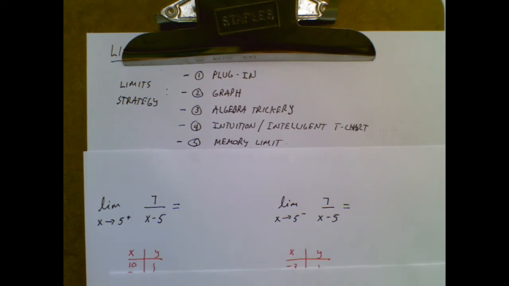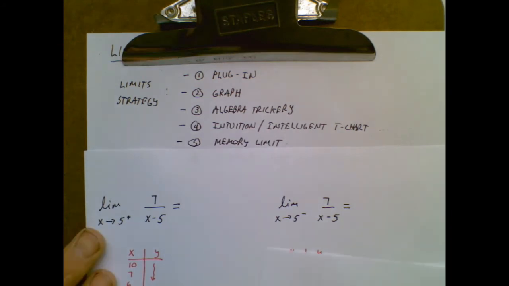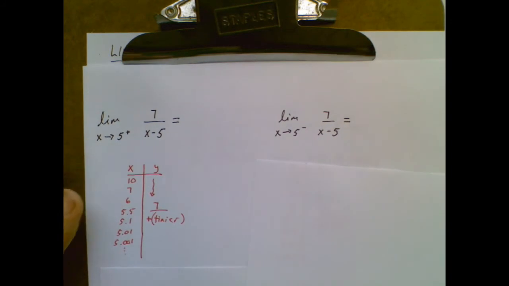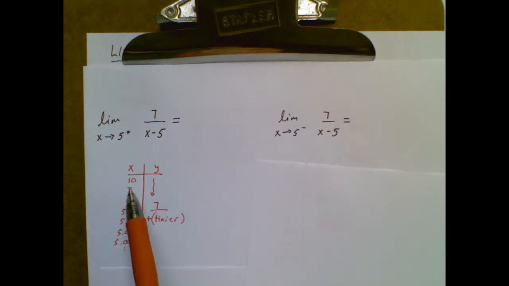So kind of what we did before, I'm going to unveil this T-chart. And what I get is my x values, I mimic closing in on 5 from the right. So I start at positive, I really could start at 73 million, then 100, then 90, 80, 70, 60. The point is I don't really care until I'm closing in on 5 coming in from the right.